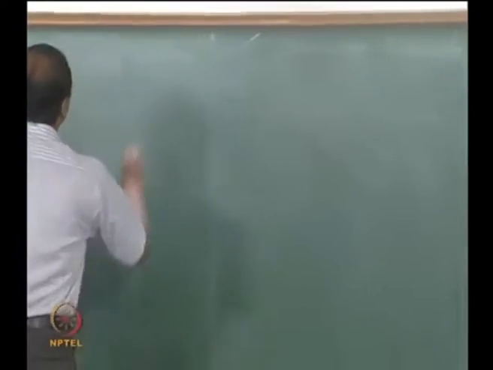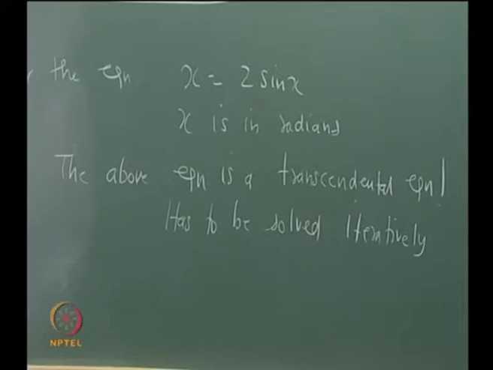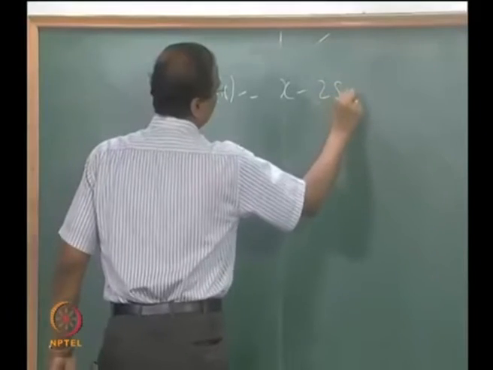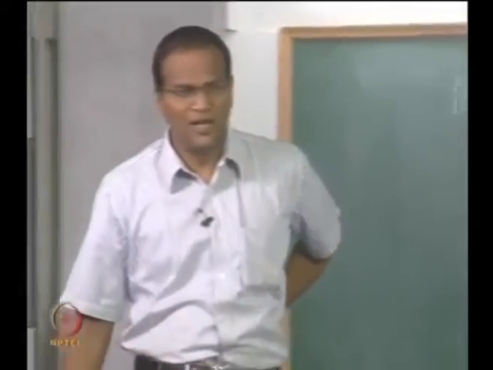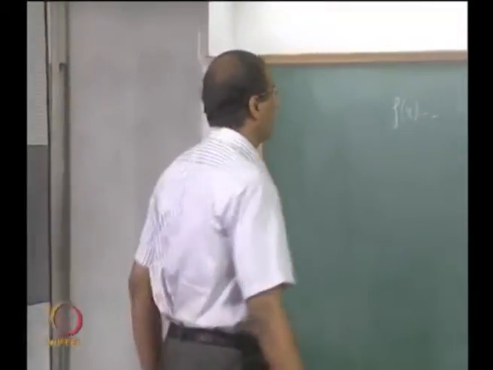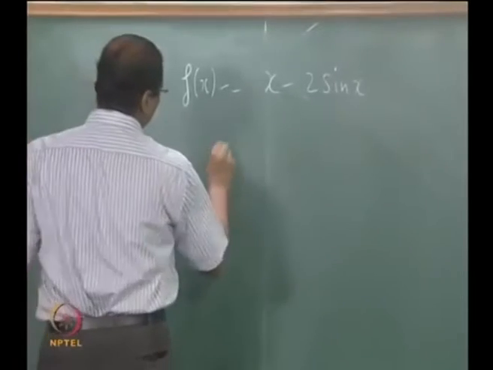So we can rewrite that equation as f of x equal to x minus 2 sin x.